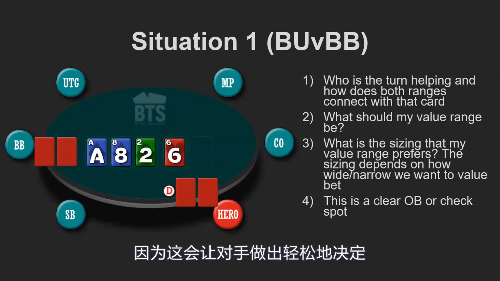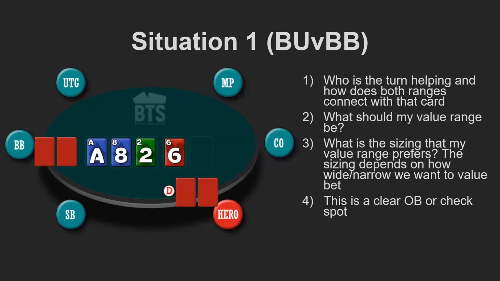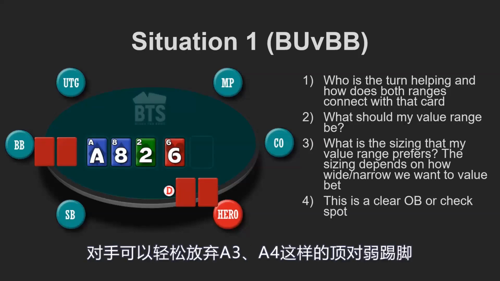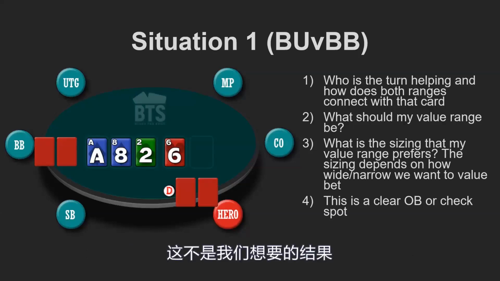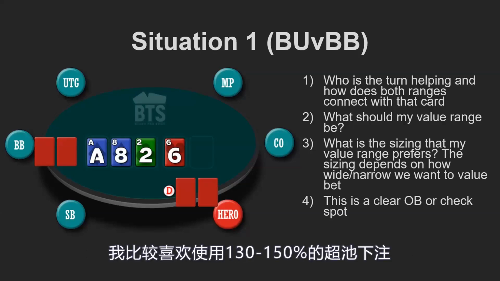Why? The reason is that we make villain's life pretty easy. Once we start betting so huge, he can even start folding hands like ace 3 or ace 4 if we go in with a 2x overbet on the turn, which is not what we want to do. So basically what I would do is stick with something like a 130 to 150 sizing.